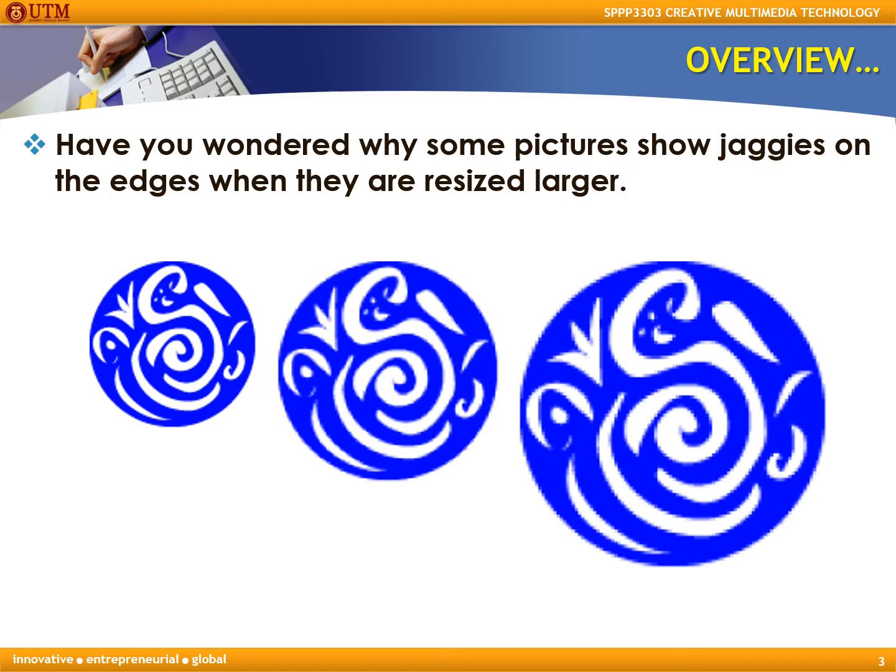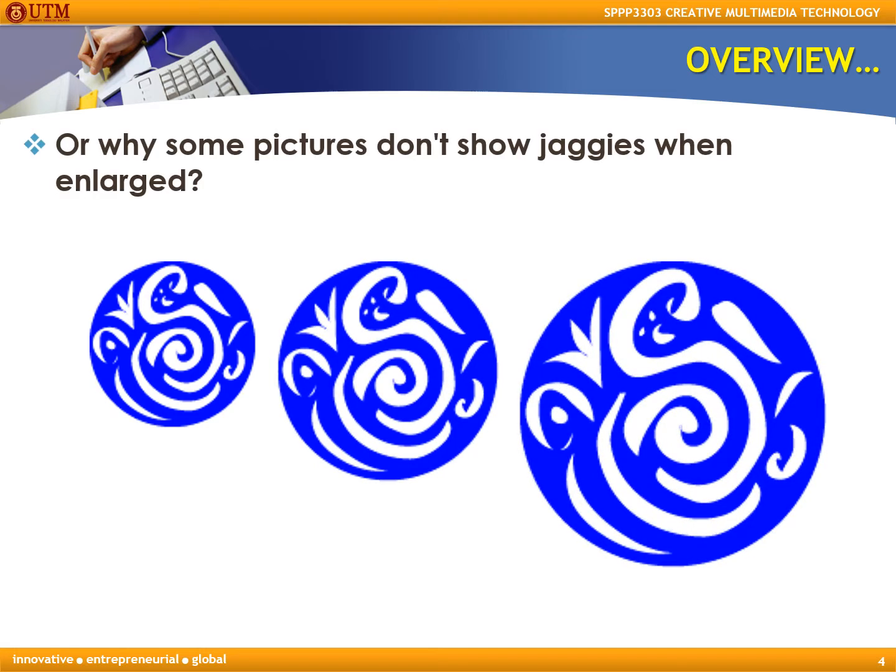It's not very clear, right? On the other hand, if you look at this slide, it doesn't matter how much we zoom in, the quality of the image is still okay. We can see the edges, and there's no blur.